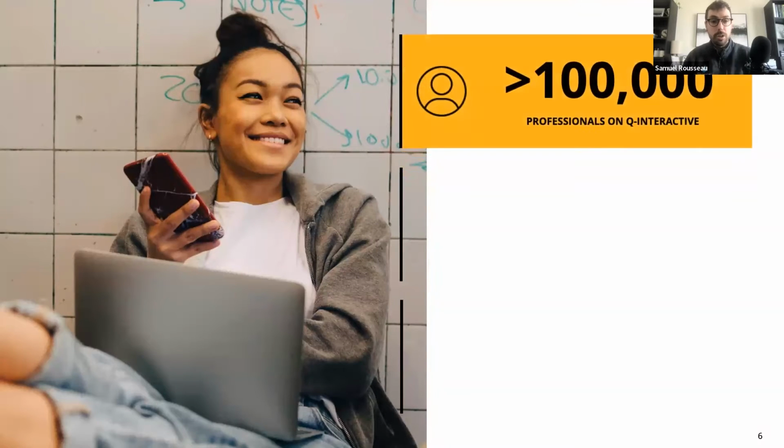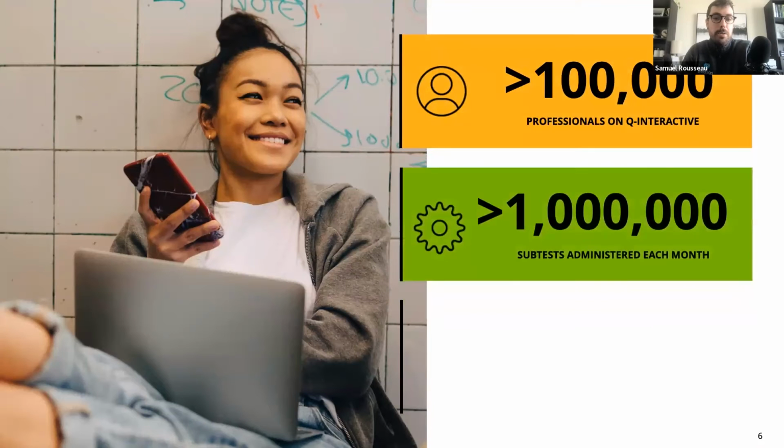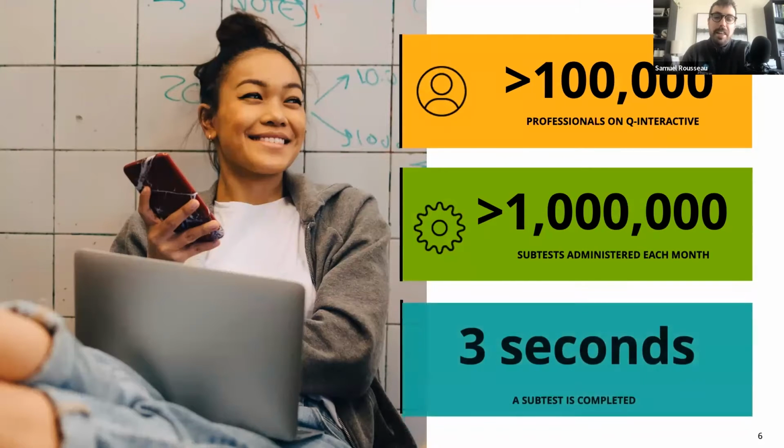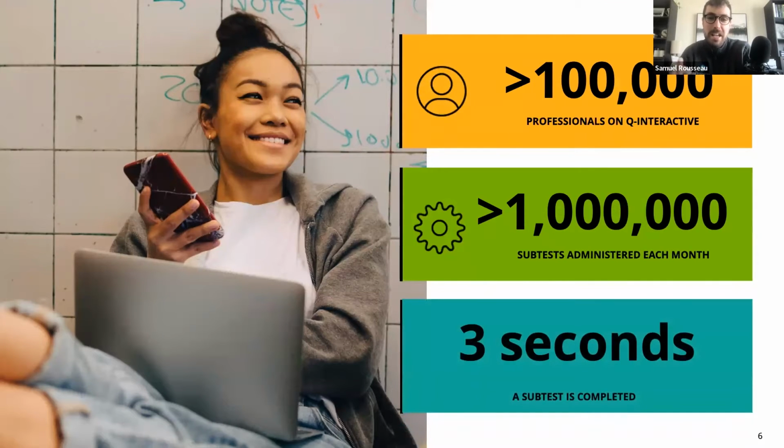So globally, we have over 100,000 professionals using Q Interactive. It's used in over 10 different countries. There's over 1 million subtests administered each month. So if we do the math, that is about 1 subtest every 3 seconds. So that's crazy to think about, that every 3 seconds, a clinician is administering 1 subtest.